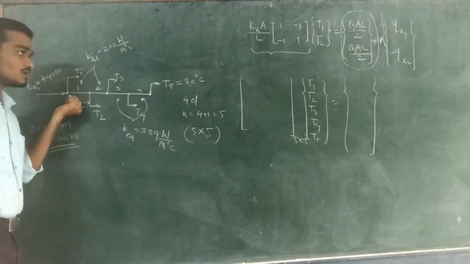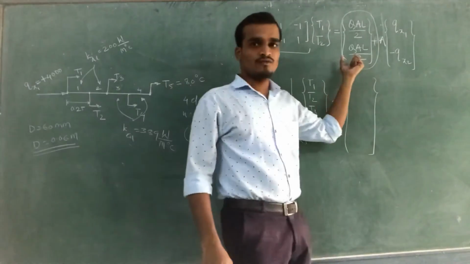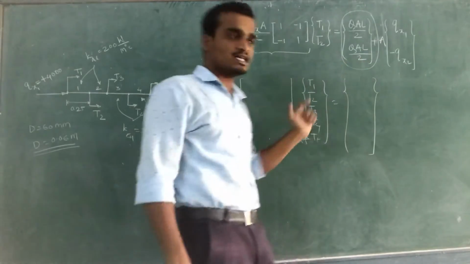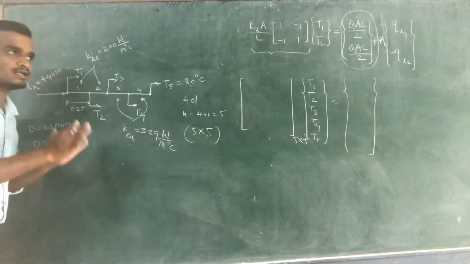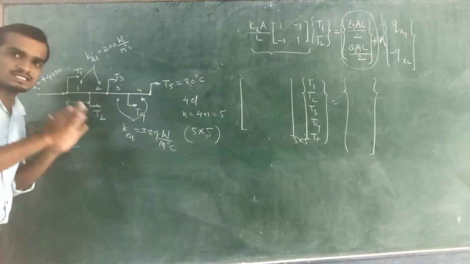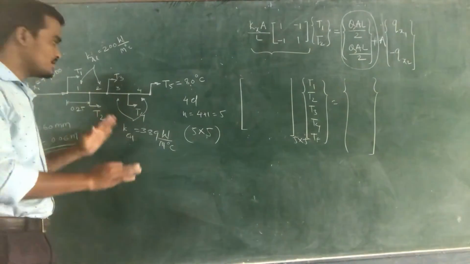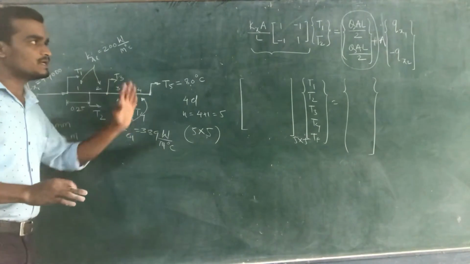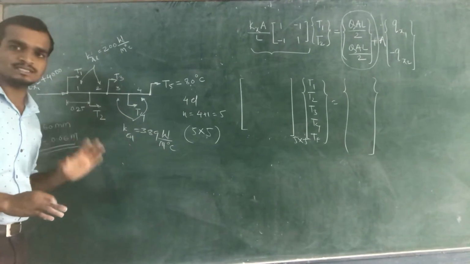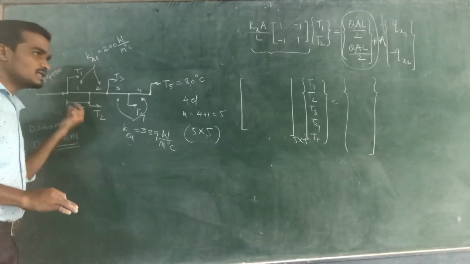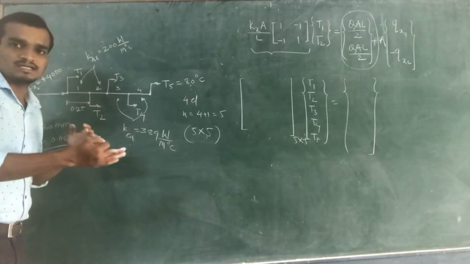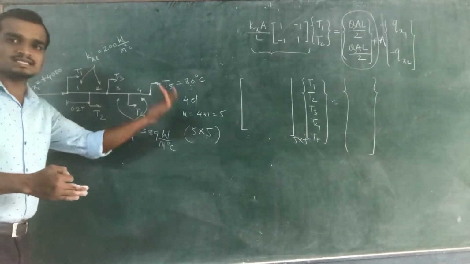Actually this is a load vector, so we need to find out the load vector for each element. But in this problem, the heat generation source or heat generation sink is not mentioned, so it will simply become equal to 0. If the heat generation rate is present in the problem, how to determine it, we will see in the next problem.